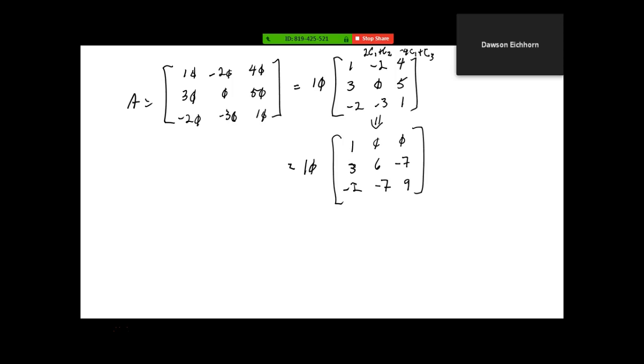And I have to find the 2 by 2. Okay. So yeah, you do 1 times the determinant of this matrix here, right? Is that what you're saying? Yeah.